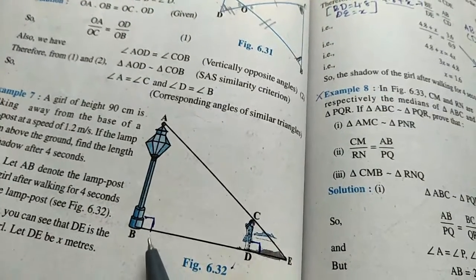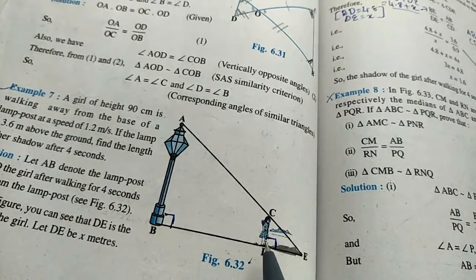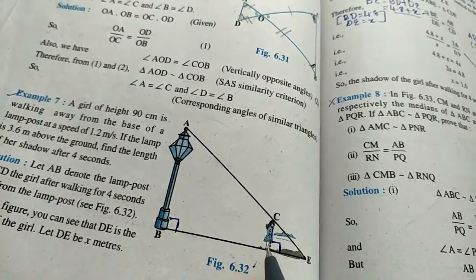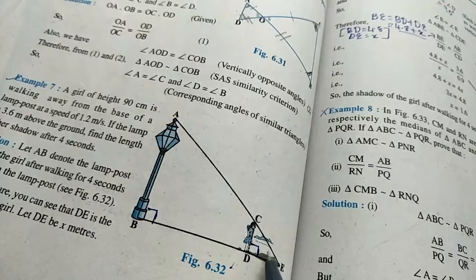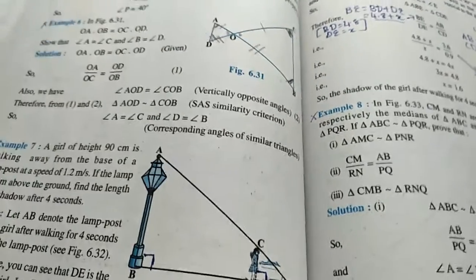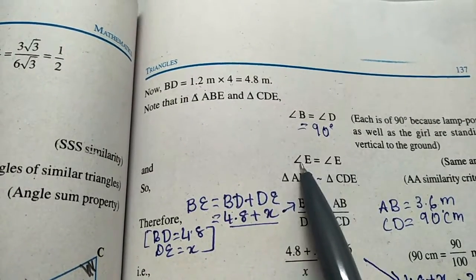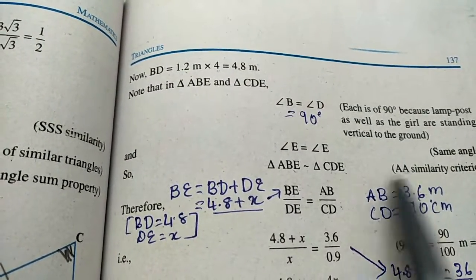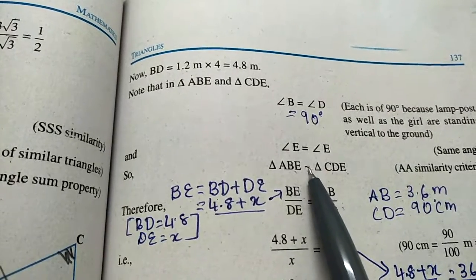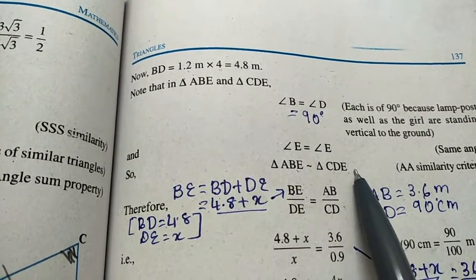Now if you see, these two angles are 90 degrees, and this angle E is the same for both the triangles. So we have angle B equal to angle D, 90, and E equal to E. So by AA, triangle ABE corresponds to CDE.